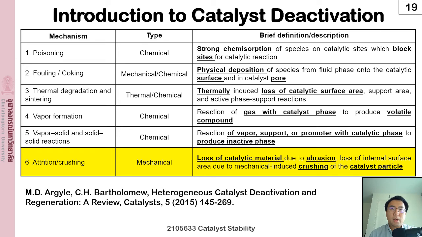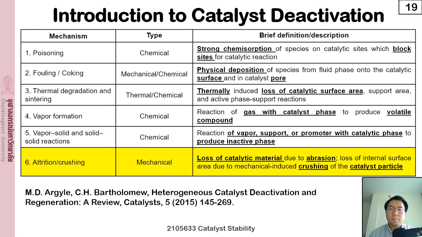And at high temperature and high flow of feed, either gas or liquid, it will cause abrasion and you will lose the materials. And as you pack the catalytic materials, you will lose the catalytic materials and you lose the activity. Then it means that you lose productivity, you reduce the production of the products, and your profit will be reduced also.